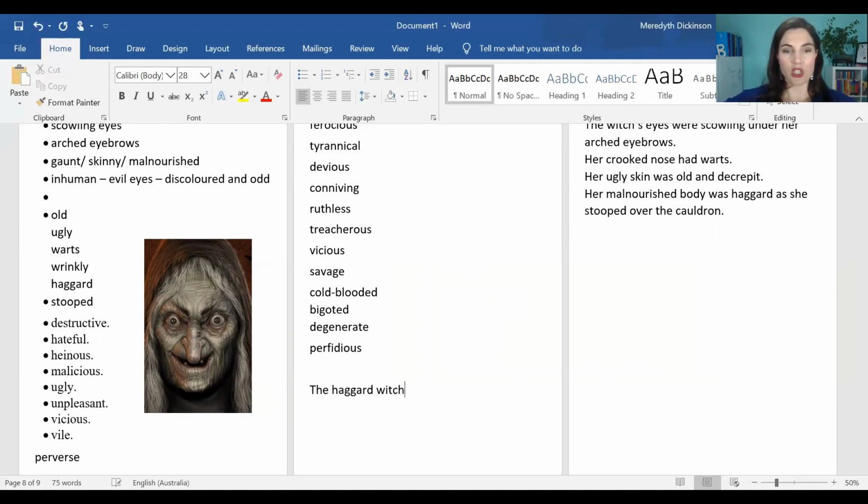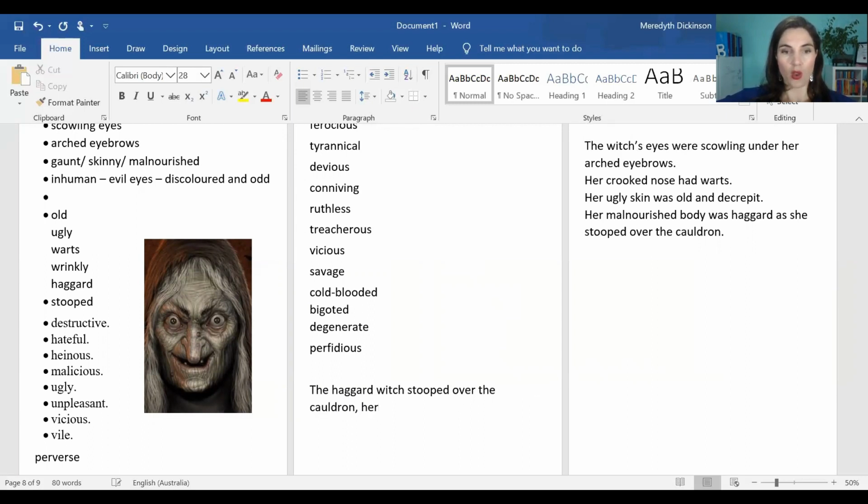The haggard witch stooped over the cauldron. Her malnourished body showing her gaunt bones.